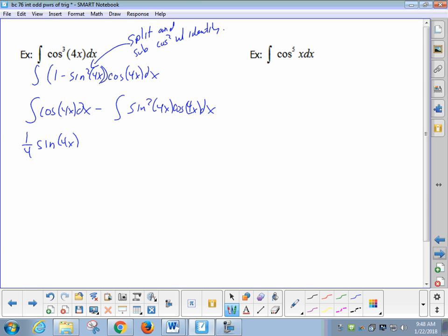In my mind, I think u-sub, where u is sine of 4x, so du would then be cosine of 4x times 4. So for this to go really well, this would be u squared, and I would like there to be a 4 here, right? I could put in a 4 as long as I balance with a 1/4.